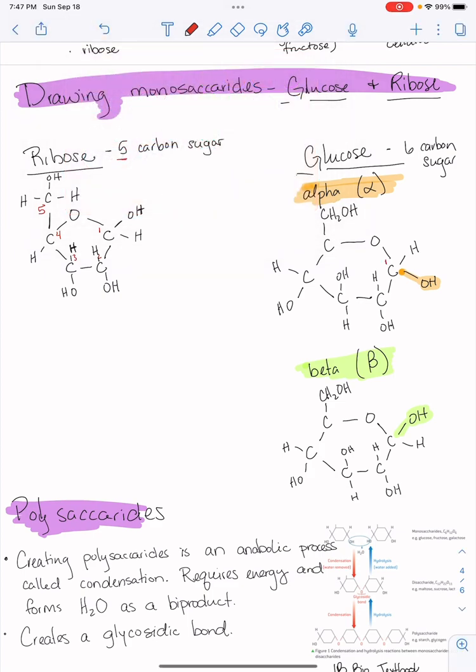Here's carbon 1, carbon 2, carbon 3, carbon 4, carbon 5, and carbon 6. You can see that it's pretty similar to ribose. Most of the carbons, for example carbon 1, carbon 2, carbon 3, are all bonded to a hydrogen but also a hydroxyl group.